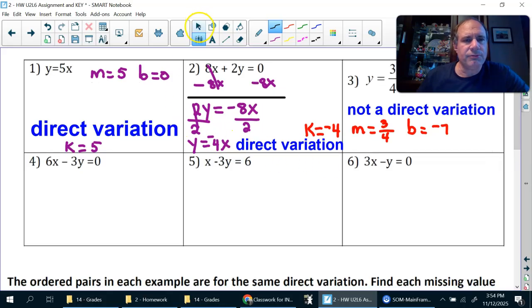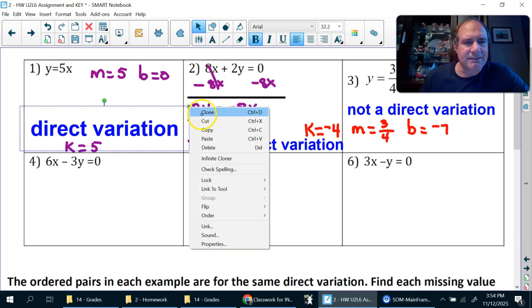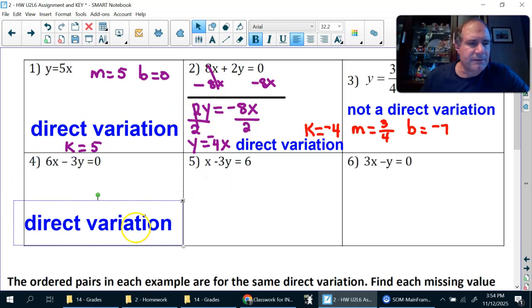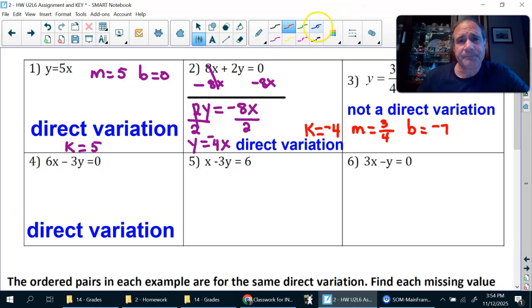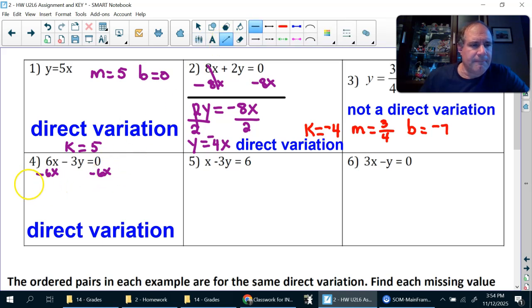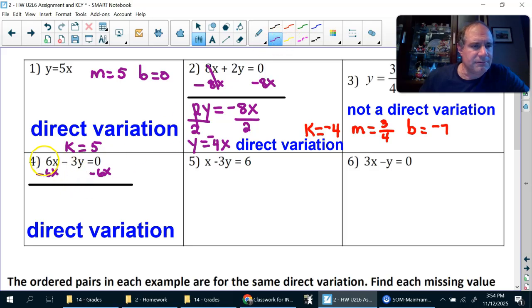I'm just going to tell you this one here. You see that 0? Right away, I think this is a direct variation. If you're going to solve for it, though, which is what the directions tell you to do, you would minus 6x on both sides. And we are going to cancel this.